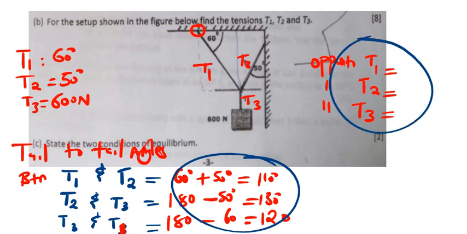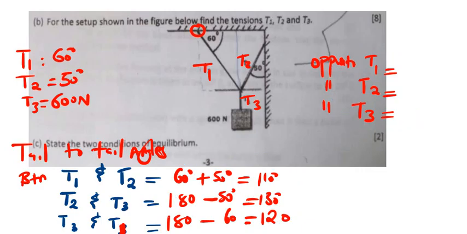Like we've said, the net forces are the ones that are adding up, and the ones that are subtracting, the ones that are acting the opposite, should give you the same answers, for you to achieve equilibrium in this state. So what are we going to have? What is opposing our T1? It is the 180 angle.